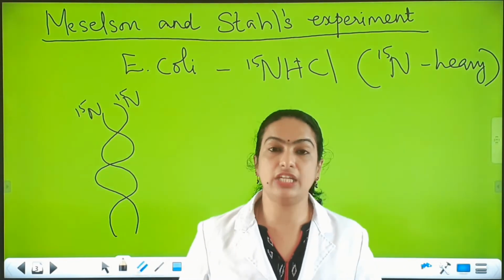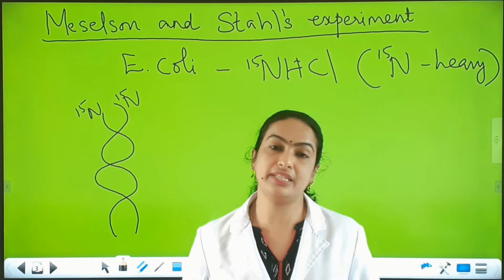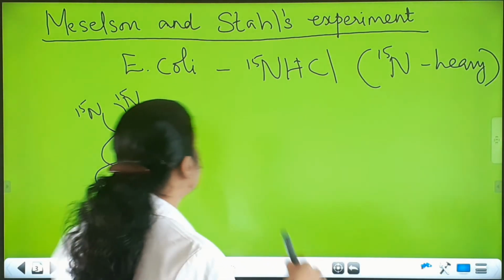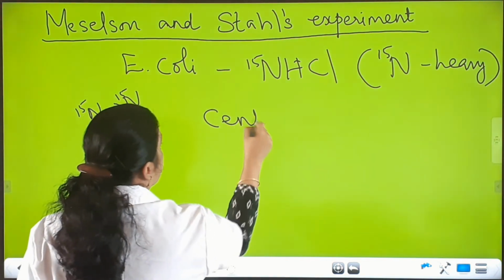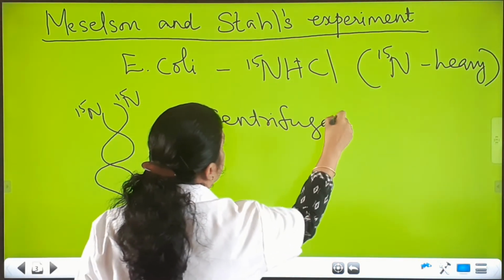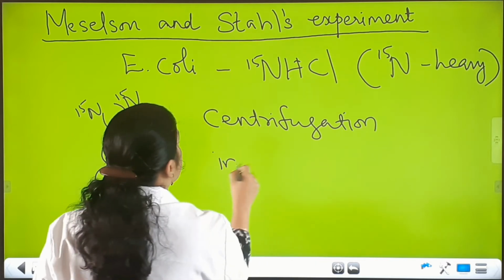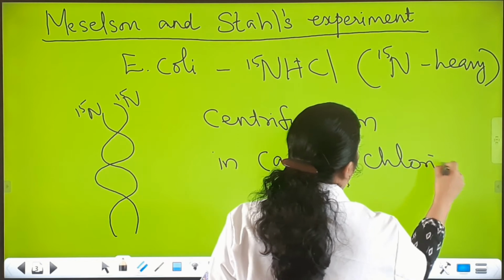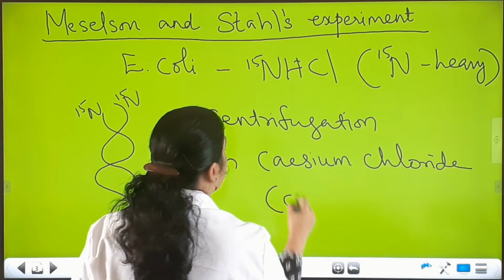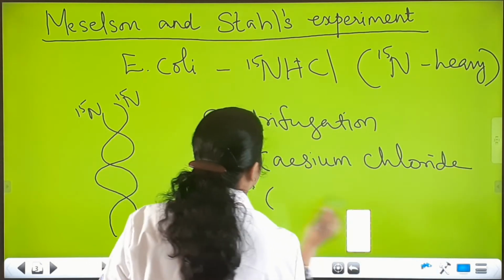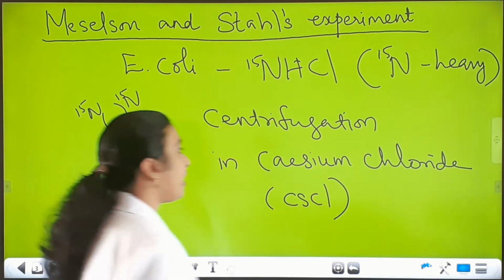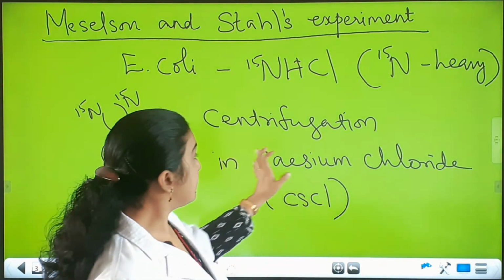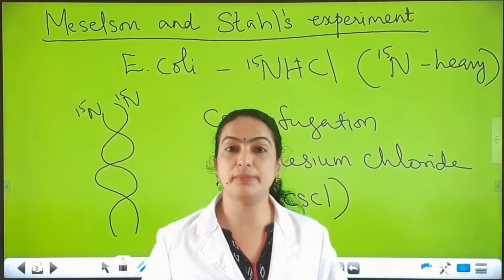This N15 or heavy DNA can be separated or differentiated from the normal DNA by centrifugation in a cesium chloride density gradient. Why is this centrifuged in cesium chloride?